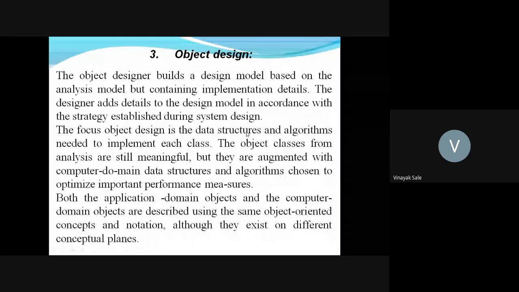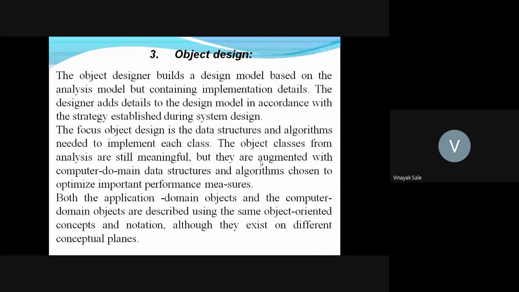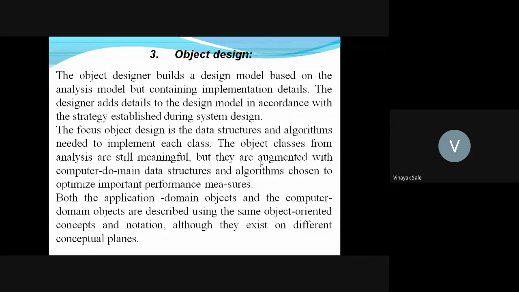Then the third part is object design. The object designer builds a design model based on the analysis model but containing implementation detail. The designer adds details to the design model in accordance with the strategy established during system design. The focus of object design is the data structures and algorithms needed to implement each class.